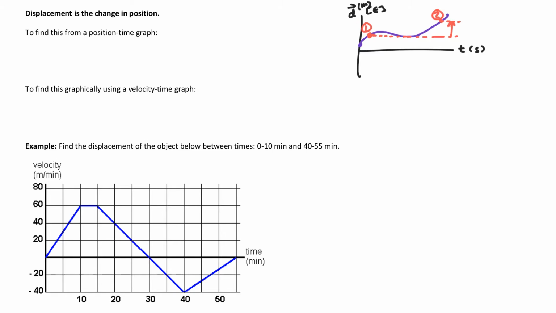So all you have to do is take the position at this point, which will be the value here, and the position at this point, which will be the value here. So we just subtract the two positions. And this is because displacement is change in position.